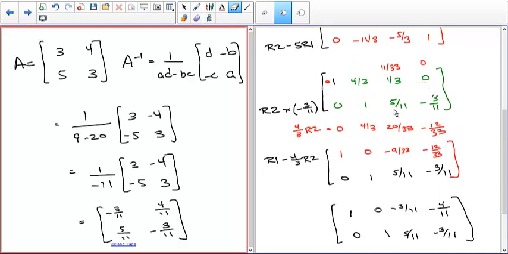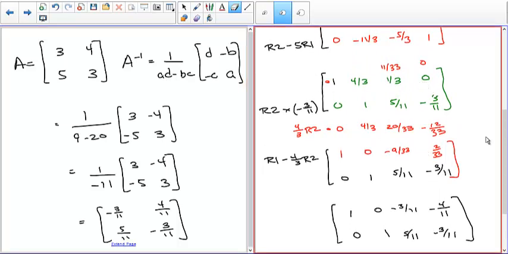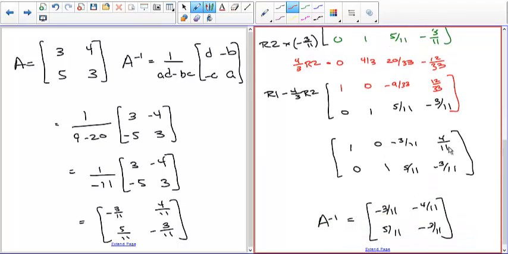This should be positive. Therefore, this should be positive, because if I took 0 minus a minus, that's going to be positive. So that's positive 12 30/3, which is positive 4/11. So now they match up.